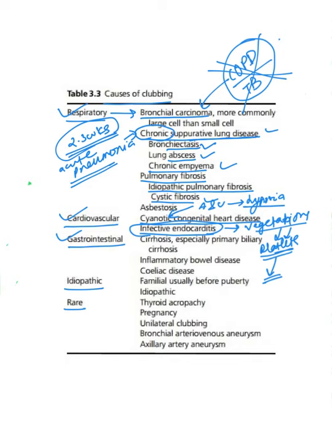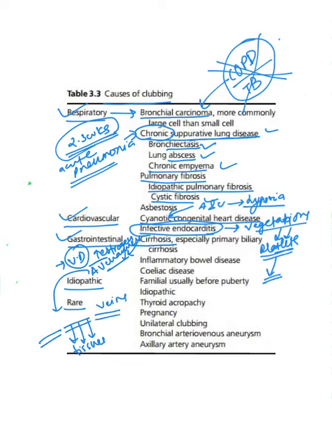Now cirrhosis. So how can cirrhosis cause clubbing? Basically, cirrhosis is associated with vasodilation of the blood vessels in the subungual tissue due to an increase in the estrogen component, and secondly, it leads to opening of arteriovenous channels in the lung. So how does this arteriovenous channel lead to clubbing? Normally the blood in the arterioles goes through the capillary, where oxygen is transported to the tissues, and then the blood returns to the vein. But in AV malformations, or arteriovenous channels, there is an abnormal communication between the arterioles and the veins.